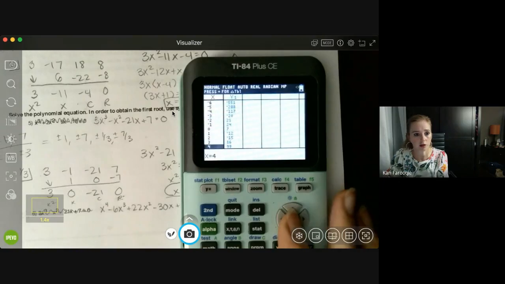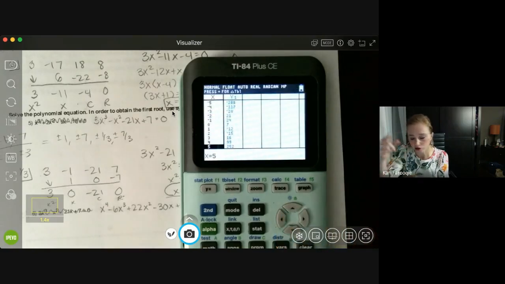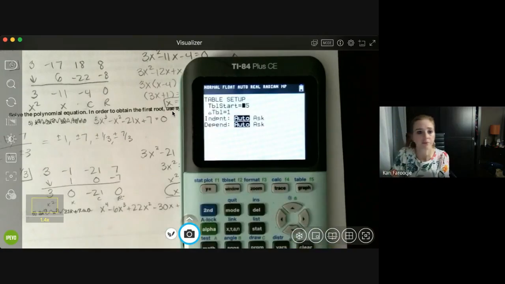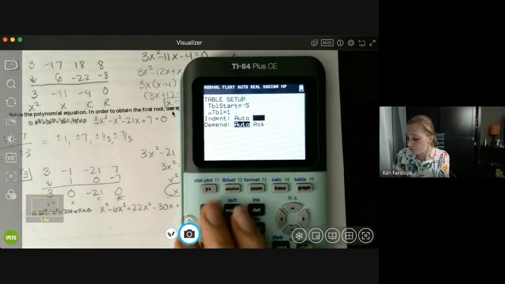It's just going to be giving you values that change every one integer. So go to your table set and change your independent variable to ask. And what this is going to do is it's going to allow you to just put in any value for x that you'd like, and it's going to tell you the corresponding y value.